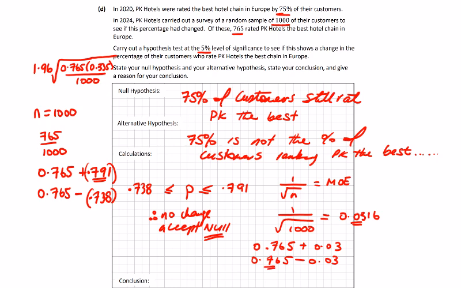So we're going to get 0.735 less than or equal to p, less than or equal to 0.795. You can see these numbers are very similar. If you haven't mastered statistics and hypothesis testing and there's 20 marks for this part, you are not at the races.